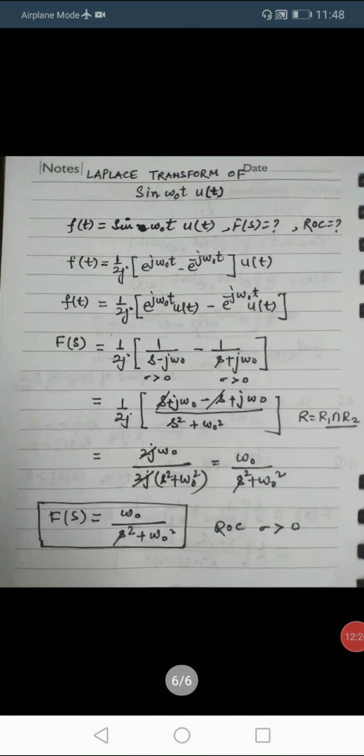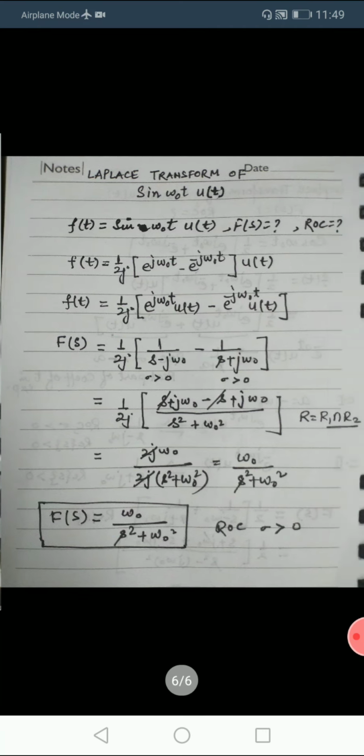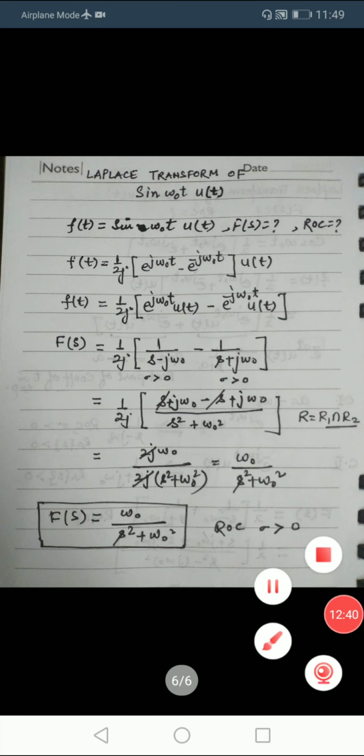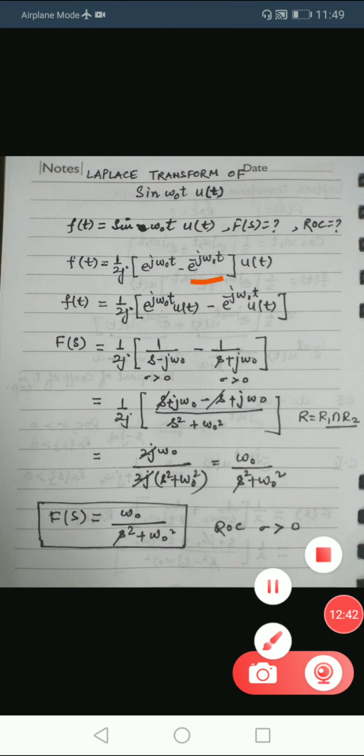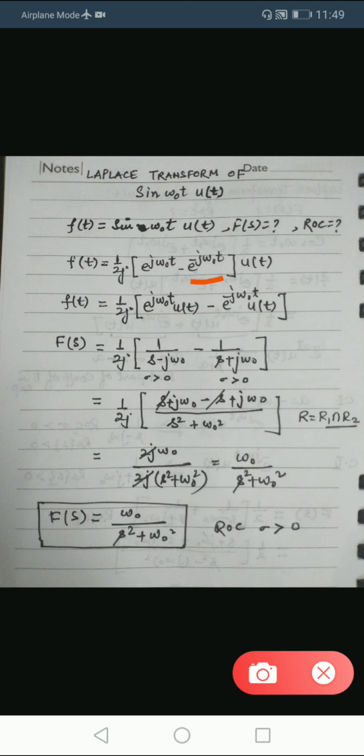Similarly, the Laplace transform of sin omega naught t u(t). We know Euler's formula, sin omega naught t is equal to 1 upon 2j (e to the power j omega naught t minus e to the power minus j omega naught t) u(t). Opening this bracket, we use the formula of the exponential function: e to the power j omega naught t gives 1 upon s minus j omega naught, and the other gives 1 upon s plus j omega naught.